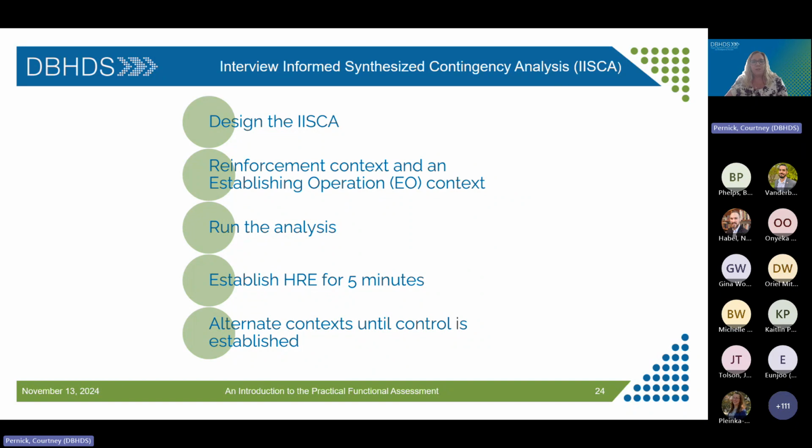You will continue to alternate between the reinforcement context and EO context until control over the behavior is established. And that means you can reliably turn the behavior on and off. All right, so now we are going to go into a little more detail on those reinforcement and EO contexts.